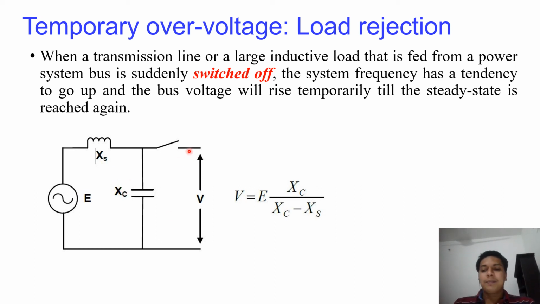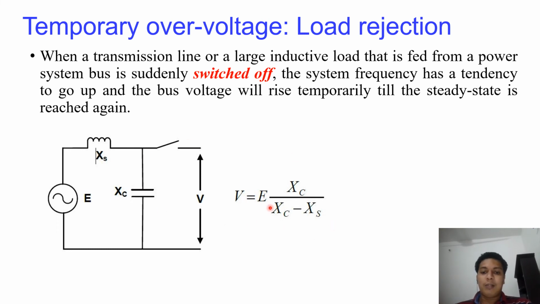In normal cases your load impedance will be very high, and because of that your sending end and receiving end voltages will be similar. But under a condition when your load is rejected, or when you do not have any load, Xc will be higher compared to this Xs value. So if you take the voltage, V is equal to E into Xc by (Xc minus Xs), right?